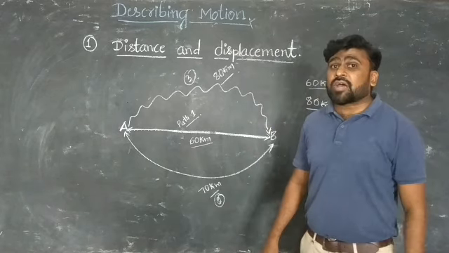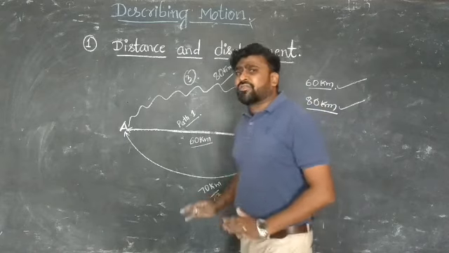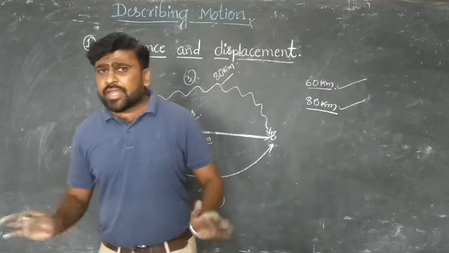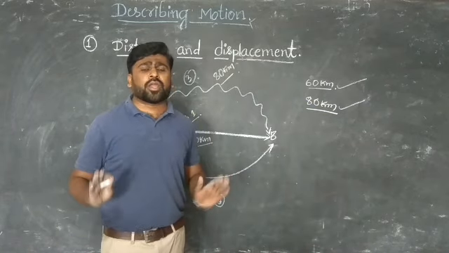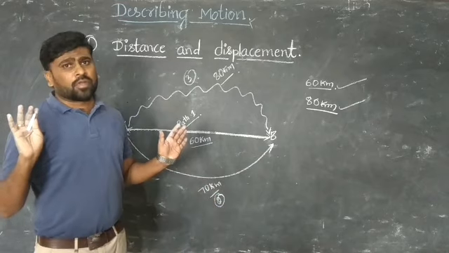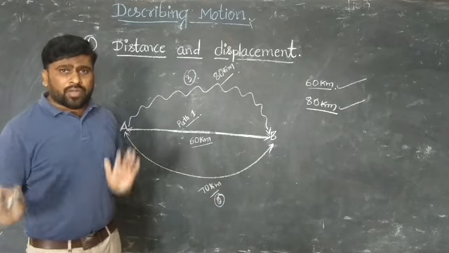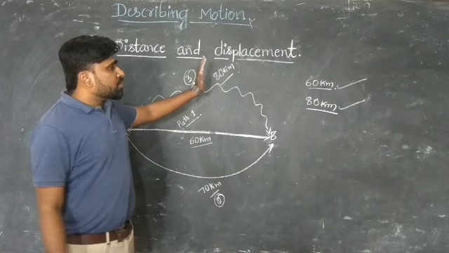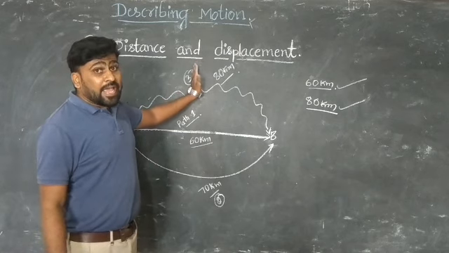Regarding the distance traveled, one thing we have to remember, direction is not important. What is important is the length of the actual path traveled by a body. Length of the actual path traveled by a body, that is called as distance. Clear?